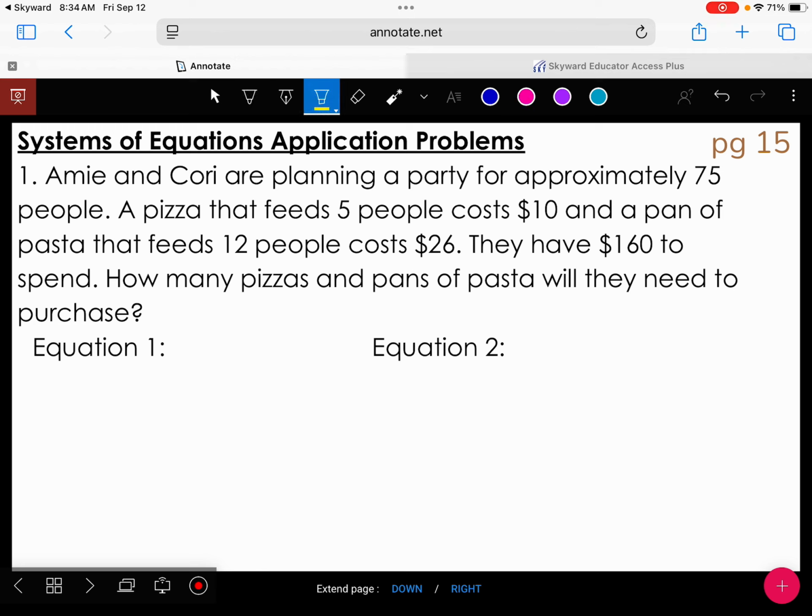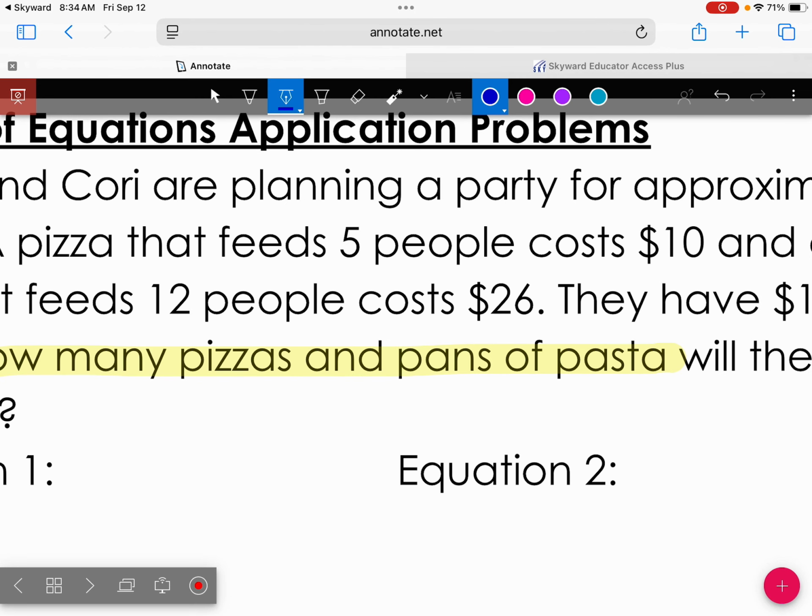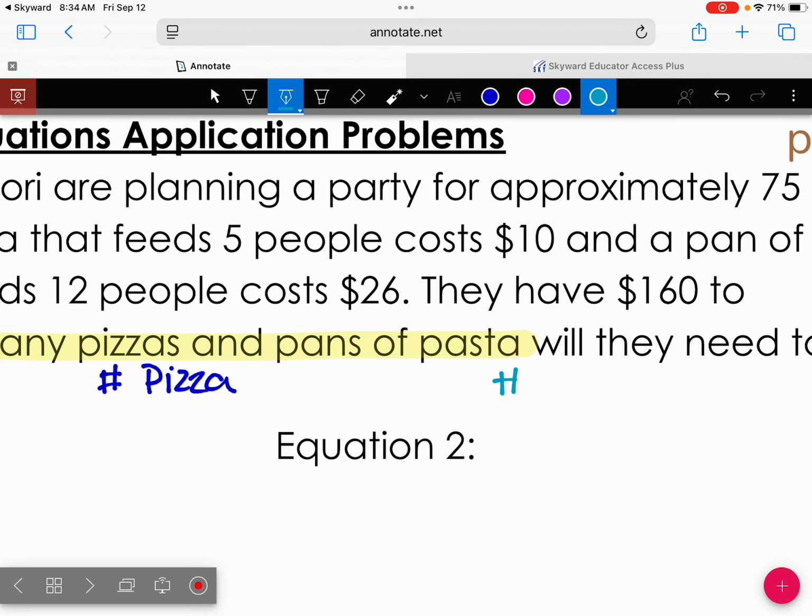How many pizzas and how many pastas? When in doubt, the question is a really good place to look for that. That's where we're going to figure out what our letters are going to be. So I need to know the number of pizzas and I need to know the number of pasta.